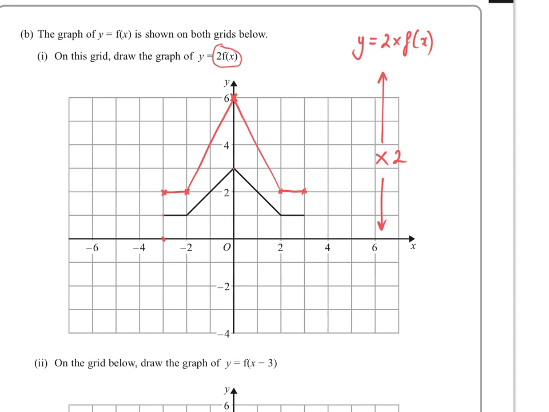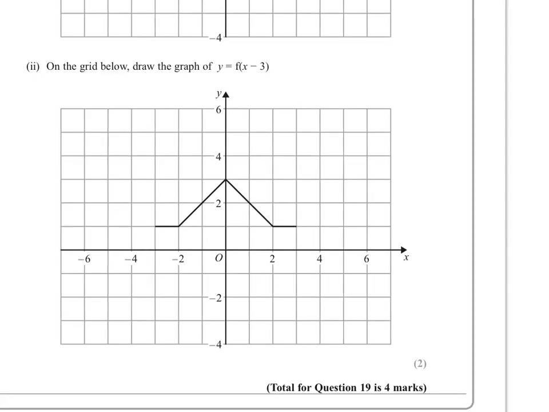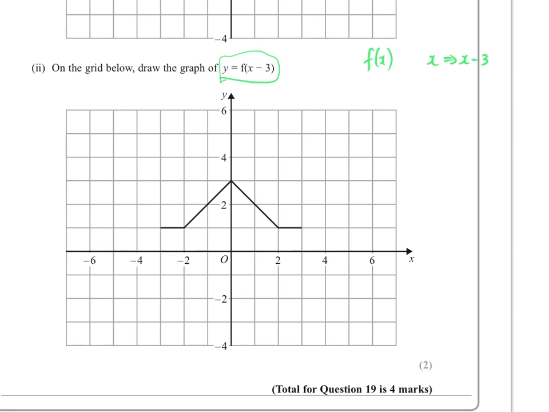Now let's move on to the next part. It says, on the grid below, draw the graph of y equals f of x minus 3. Well, if we had f of x shown, x now must become x minus 3. So whether you can remember this or not, this means that all the values on the graph move forward 3 units parallel to the x-axis.